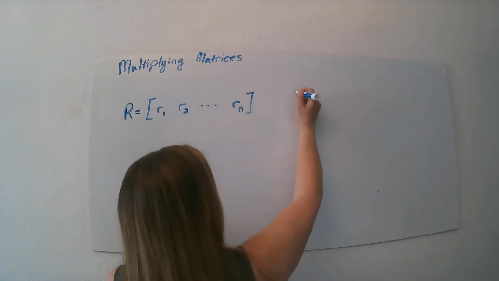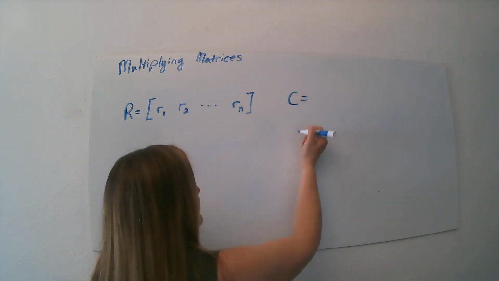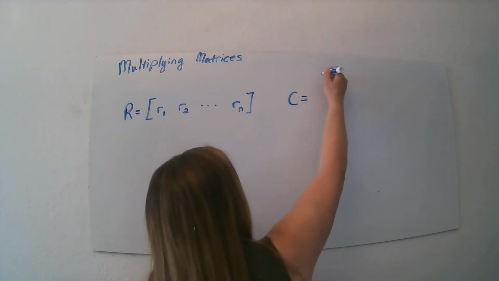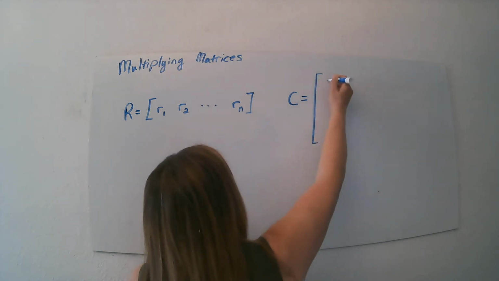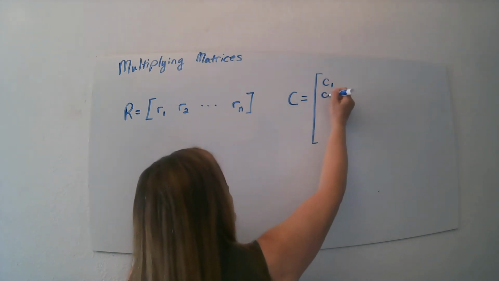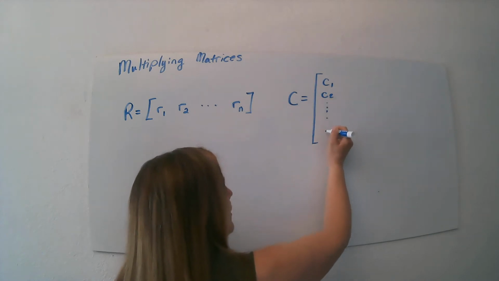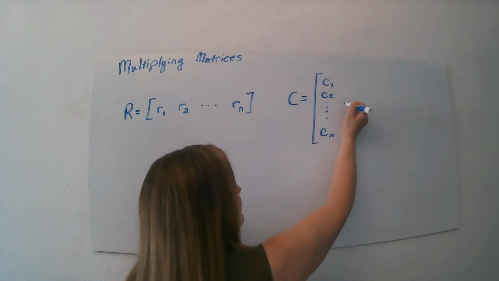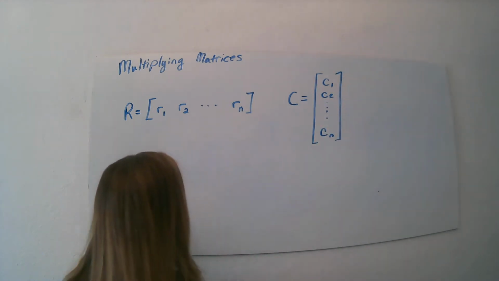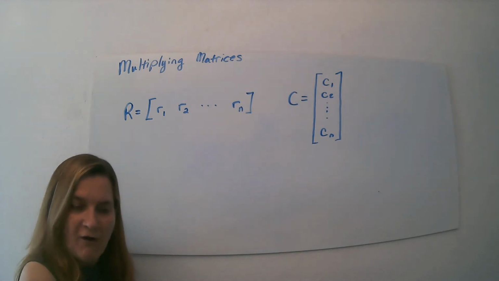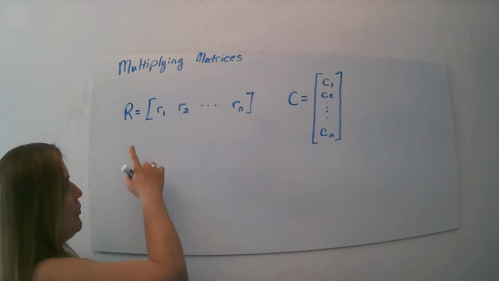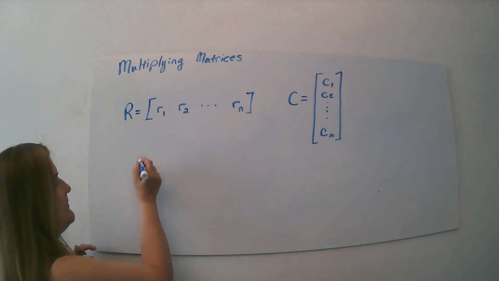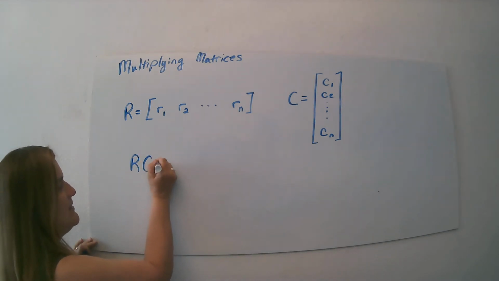And then I'm going to look at matrix C, which will be a column matrix. And we'll call the entries C1, C2, and so on until you get down to C sub n. So the product of R times C is defined to be this.